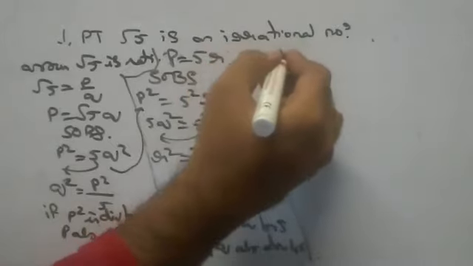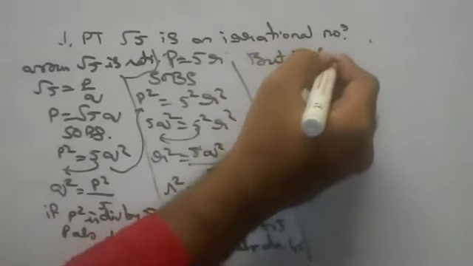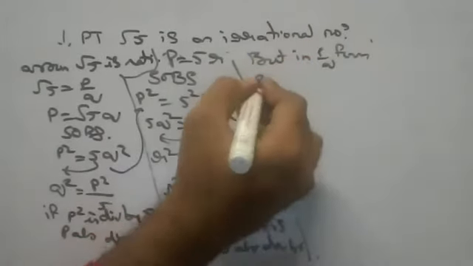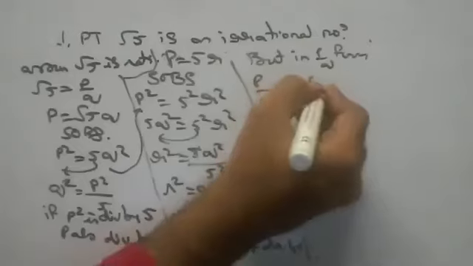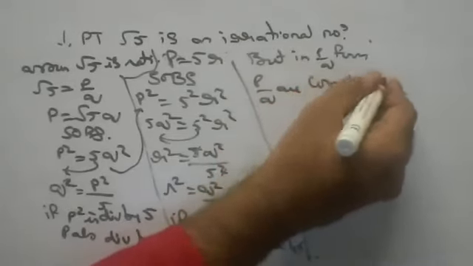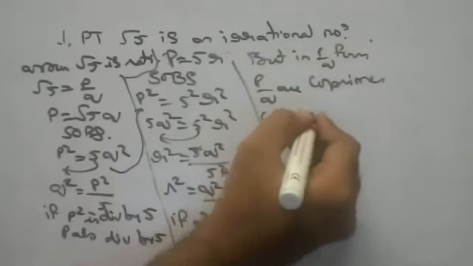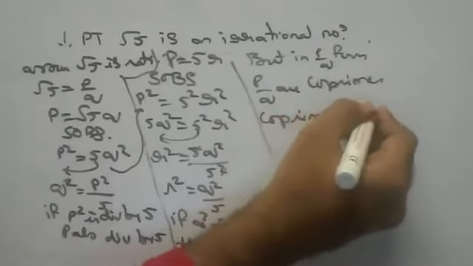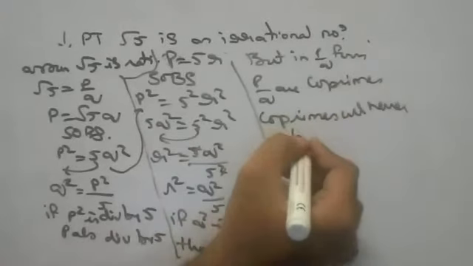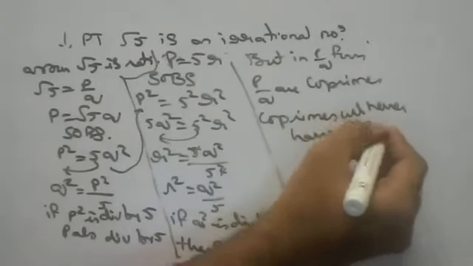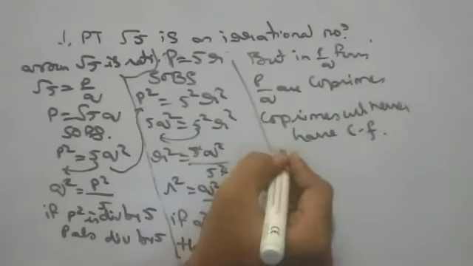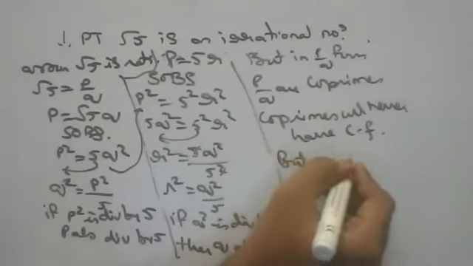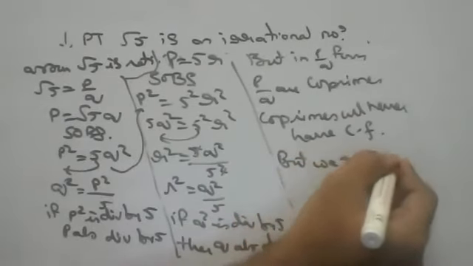But in p by q form, p and q are coprimes. Coprimes will never have a common factor. But we got 5 as a common factor.